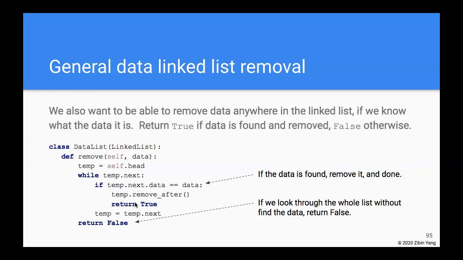And once we remove it, we're done, so we return true. Otherwise, we advance the temp pointer until the end of the list. And if we exit this loop without finding the data and returning, then the data is not in the list, and in that case, we'll return false.